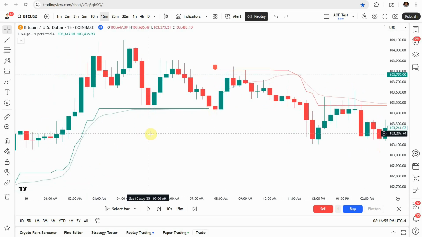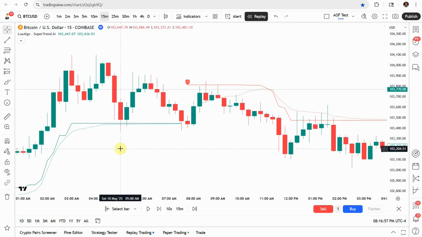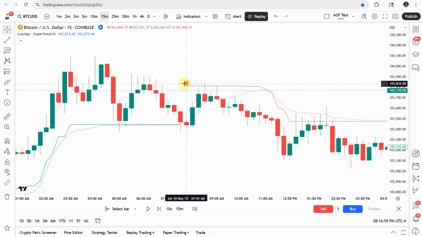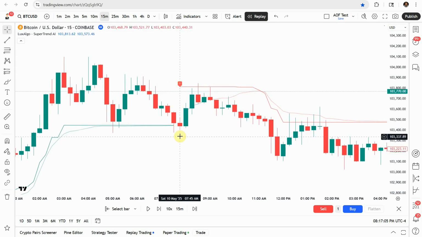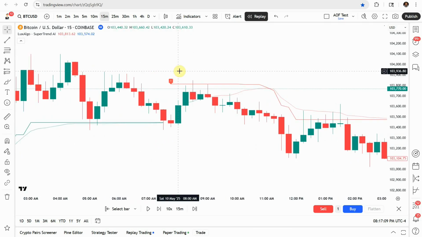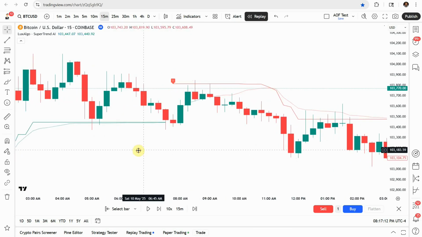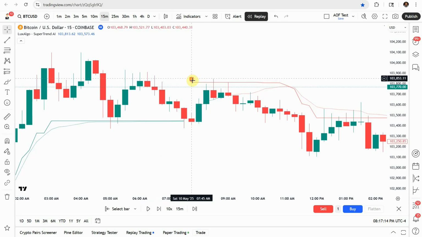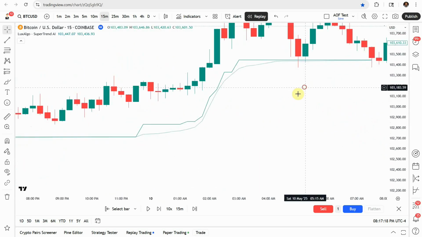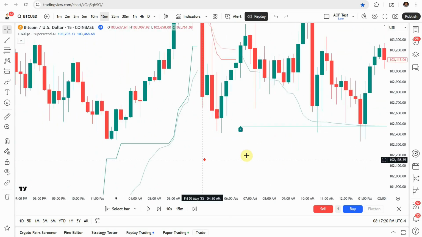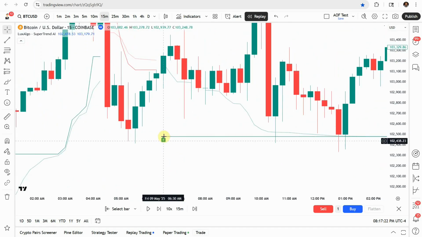But more importantly, the thing that stood out to me was these short and long tags right here that you get like with the standard Supertrend, has a numerical classification or numerical value to them. And you can see here that this one has a 3 in it. It's kind of hard to see, but there is a 3. If I scroll back over here, you can see this one has a 0.